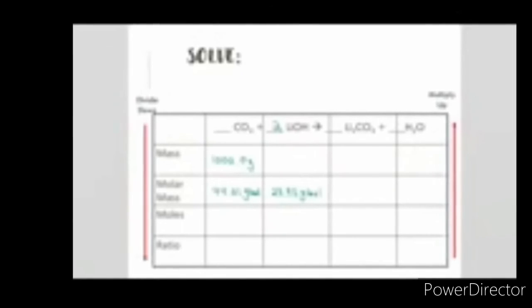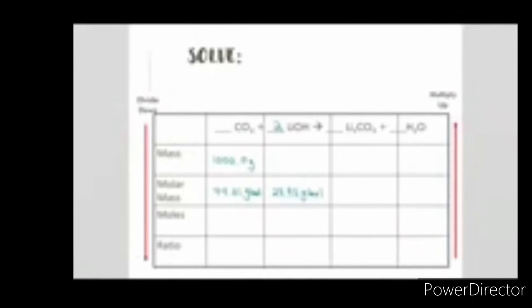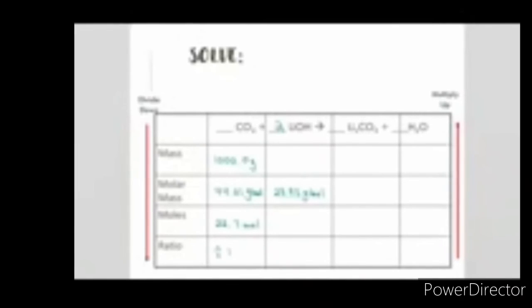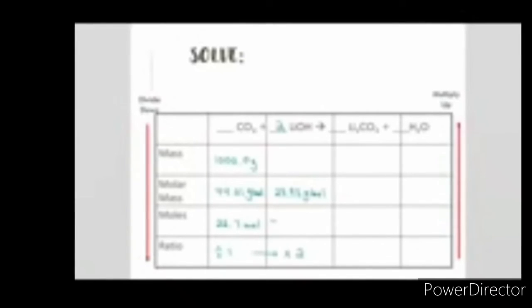So now we start doing our calculation. 1,000 grams divided by 44.01 grams per mole turns out to be 22.7 moles. There's no coefficient, so we'll divide by 1, but then we carry that over and times by 2, so we're going to multiply up. So you actually end up with 45.4 moles of lithium hydroxide.